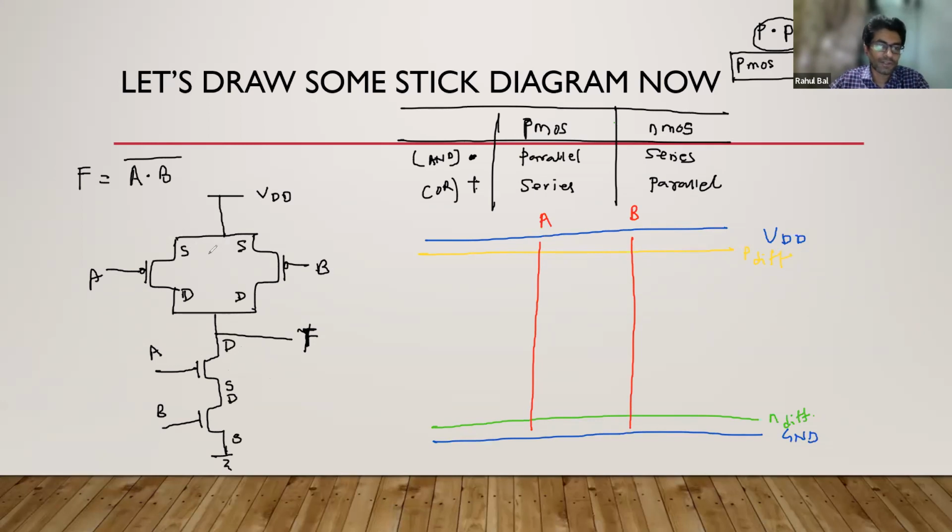So sources of both the PMOS are connected to VDD. So source, and here drain.